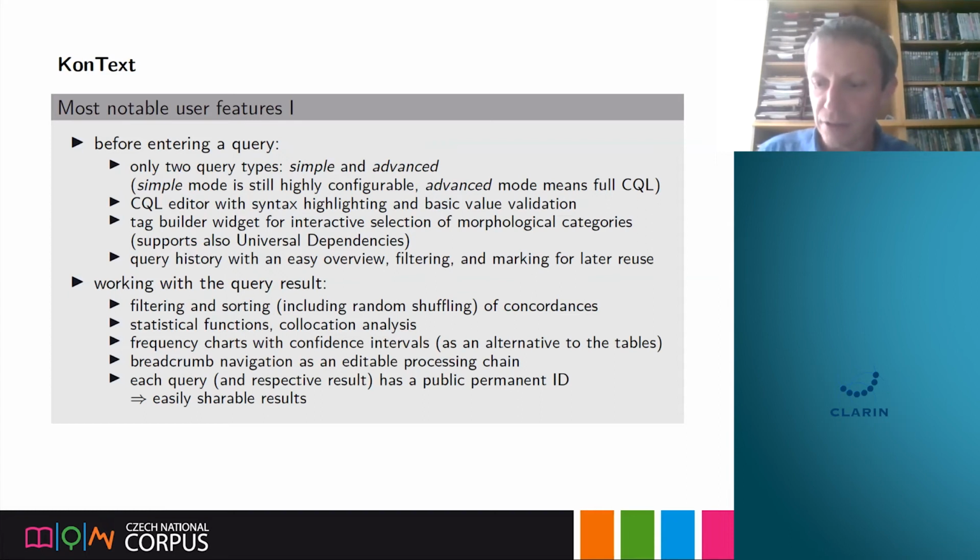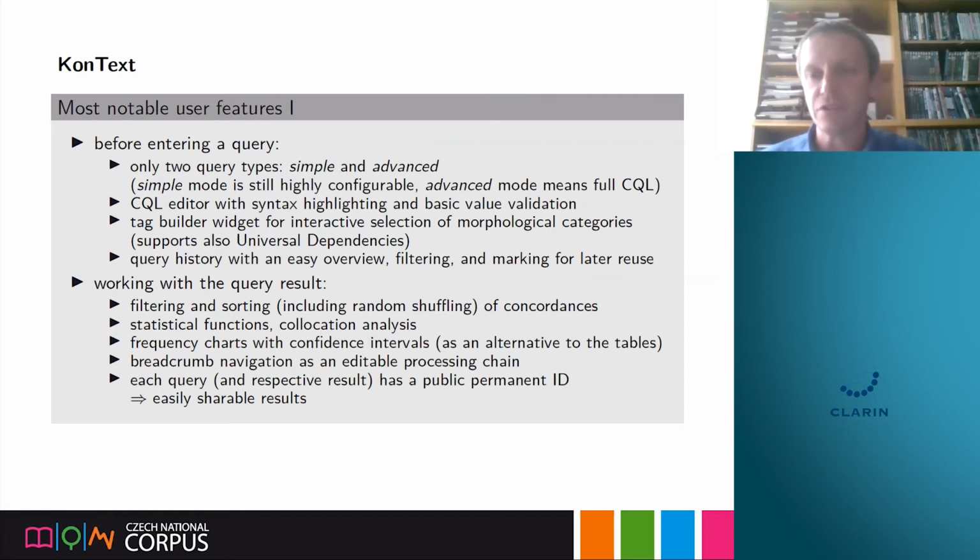You can turn on or off, say, case distinction or regular expressions, whereas the advanced mode is just full CQL with all the power of CQL. Similarly to Lanxbox, the CQL editor also features syntax highlighting, which is very useful, and basic validation of the values of attributes.